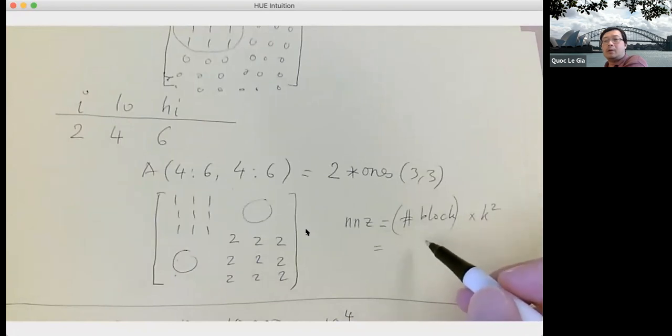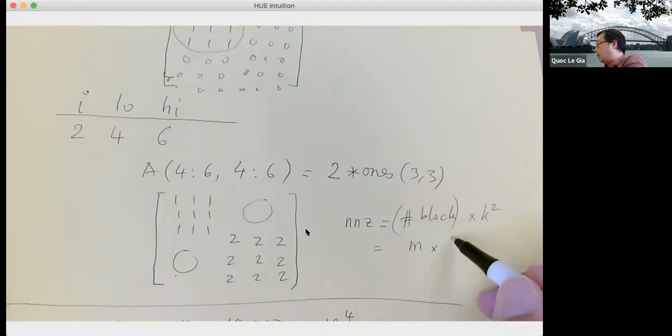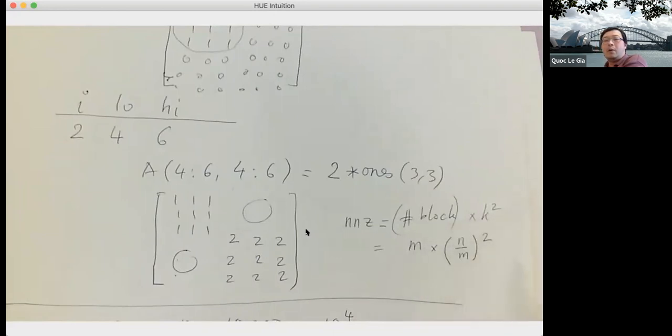M blocks, yes, correct. And what is k? Well, k is just equal to n over m. So this is the general formula: the number of blocks multiplied by k squared.